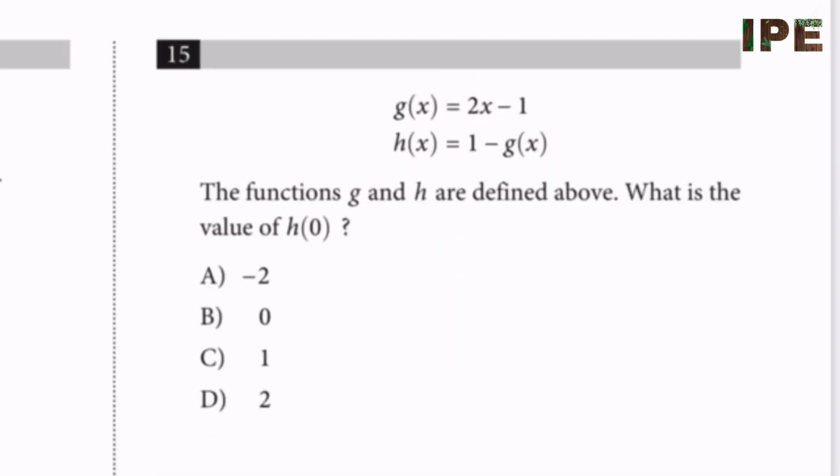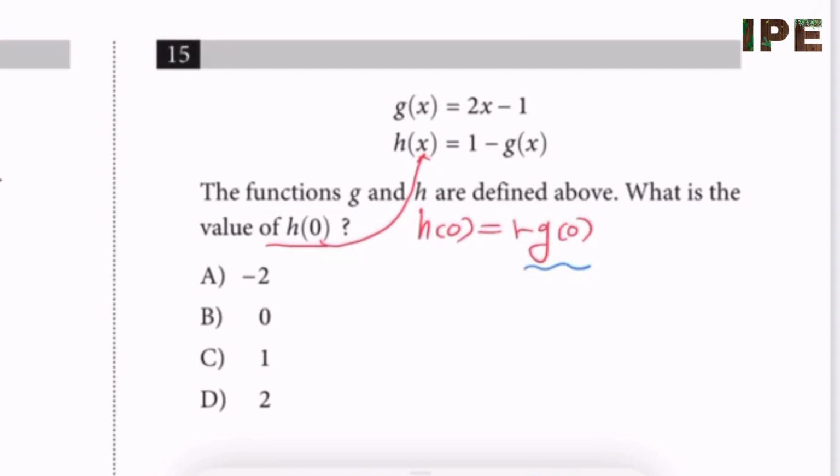g(x) equals 2x minus 1, h(x) equals 1 minus g(x). The functions g and h are defined above. What is the value of h(0)? So plug in 0 for x here. So h(0) should be equal to 1 minus g(0). And now find g(0).